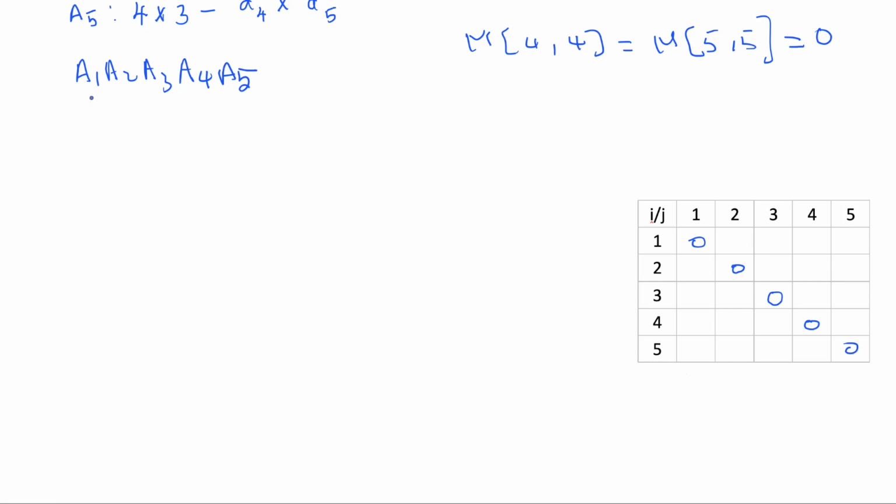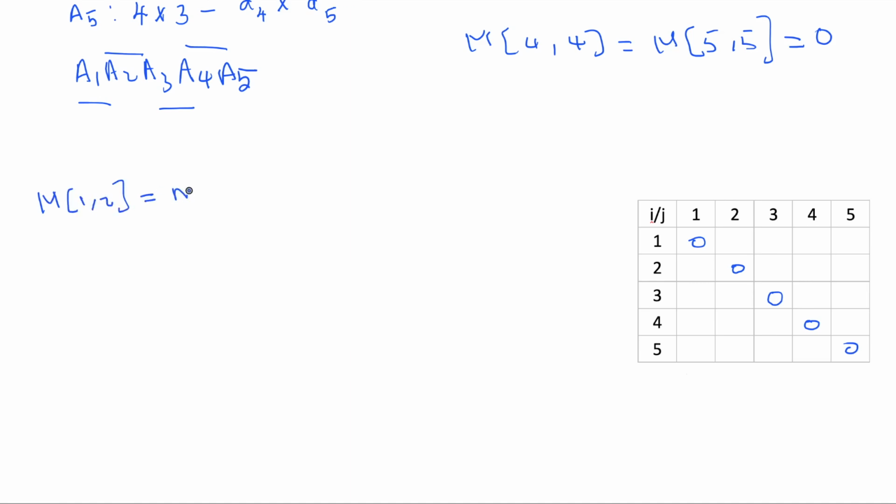Next, we will calculate the number of multiplications required to calculate the product of every pair of matrices. So first we will calculate the number of multiplications required to calculate the product A1, A2, then A2, A3, then A3, A4, then A4, A5. So the number of multiplications required to calculate A1 into A2 will be M12.